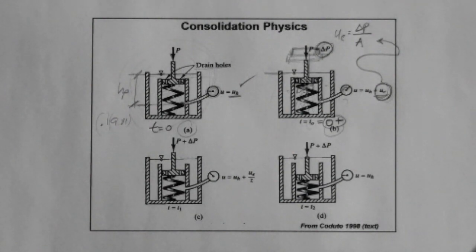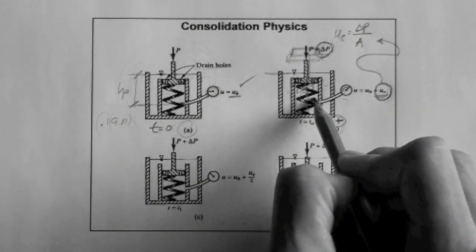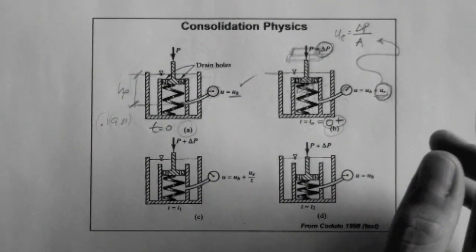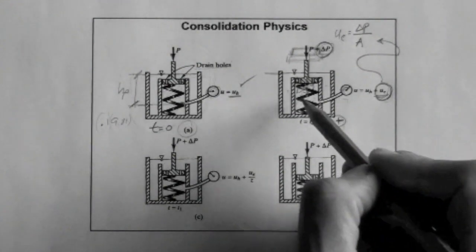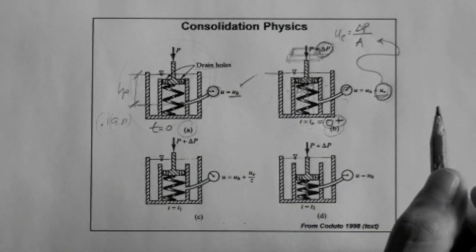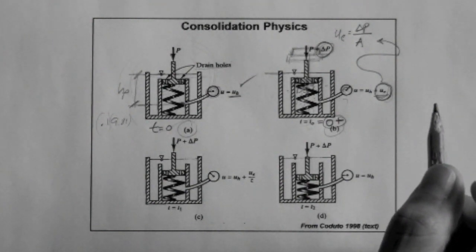So, why doesn't the spring squeeze? That is, why doesn't the spring carry the load? Why is it that the water is the one that carries the load? Well, we already talked about this implicitly before. We said that water has a very high stiffness, right? In fact, some people say that it's incompressible, even though it is compressible, but it has such a high stiffness that we say, you know what, it's incompressible.